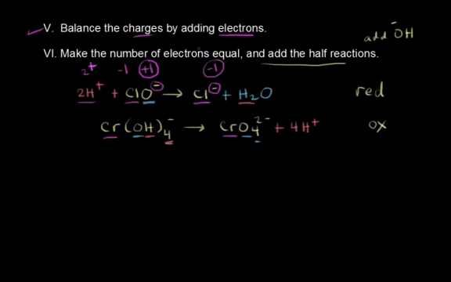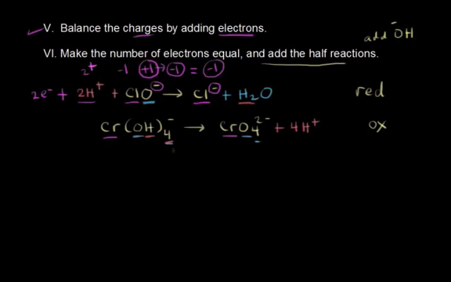So if I want to get both sides of my reduction half reaction equal, the only thing I could do is add 2 electrons to the left side right here, because that gives me 2 more negative charges. So that takes this +1 to a -1. So now I have a total of -1 charge on the left side of my half reaction. And that, of course, is now equal to the -1 on the right side of my half reaction. So I have balanced the charges by adding electrons.